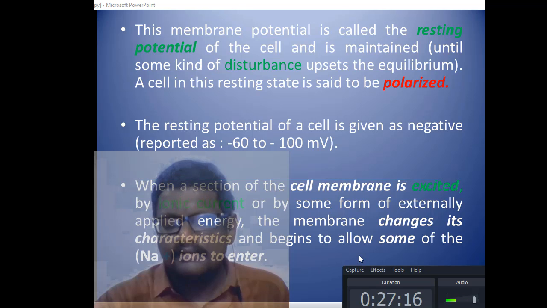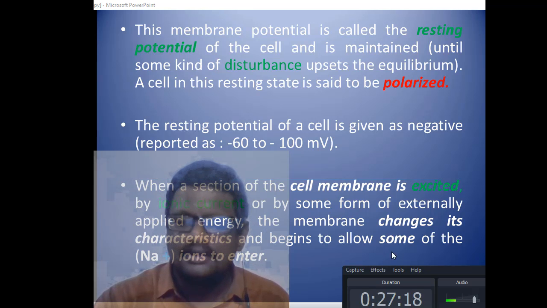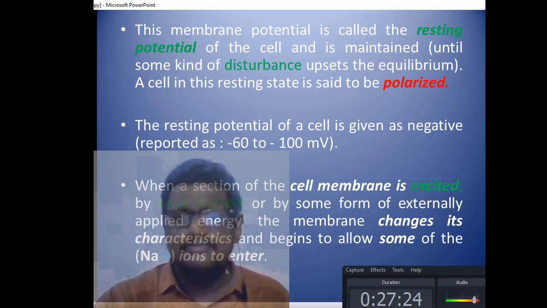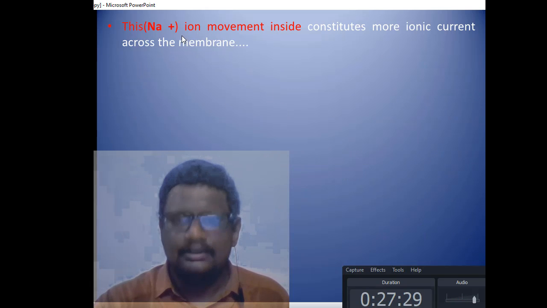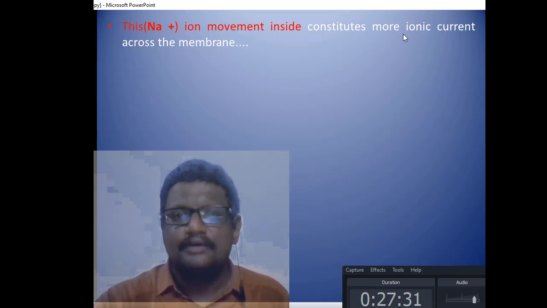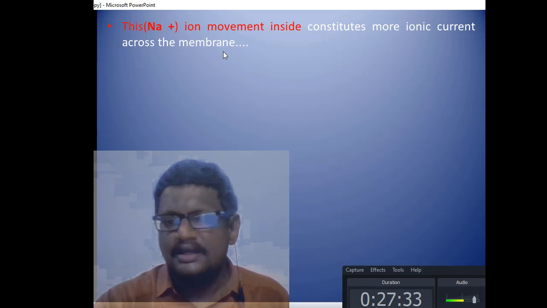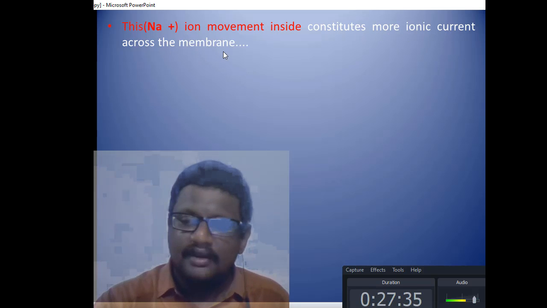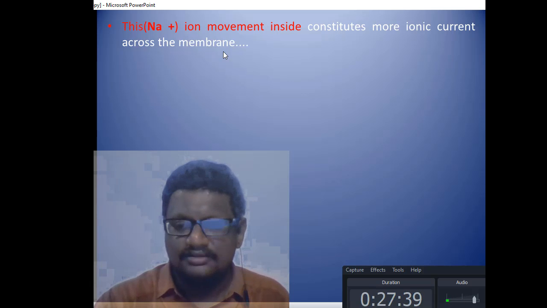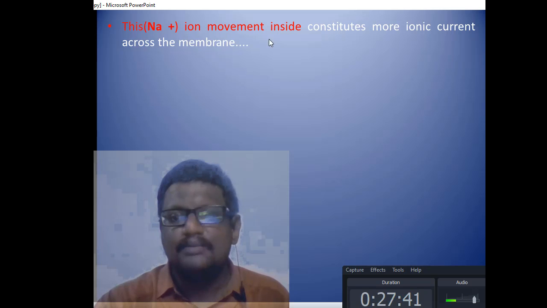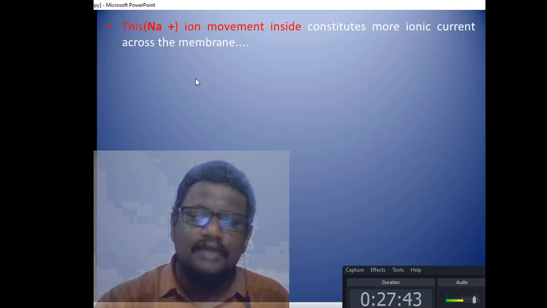The cell membrane previously does not allow sodium ions inside, so it suddenly changes its characteristics and begins to allow some sodium ions to enter. The sodium ion movement inside constitutes more ionic current across the membrane. Because of the ionic current, the cell membrane becomes permeable to sodium ions. Because of the sodium ion movement, the conductivity to the sodium ion further increases.